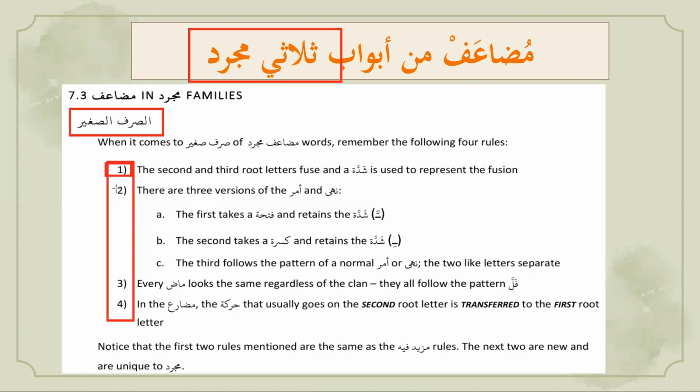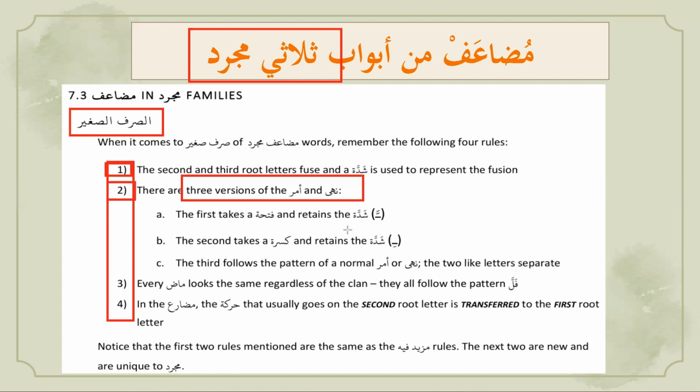And then the second rule is the same that you learned in Mazid Fihi family also, that there are 3 versions of commanding and forbidding, Amr and Nahi. And these 3 versions are in Anta form. Remember, in Anta form, the Fe'l Mudare, present tense, Maloom, has Dhamma on it. So regular form.